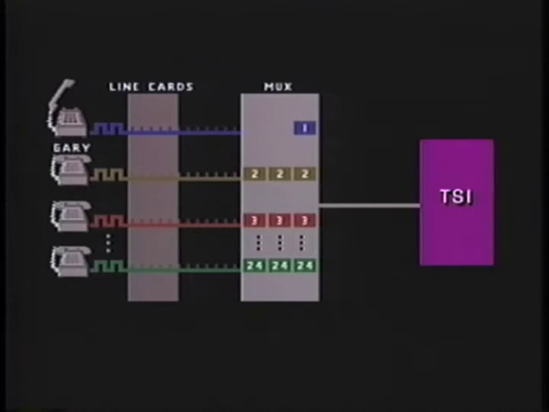The multiplexer combines or interleaves the signal blocks from its line cards into one bit stream. This bit stream is transmitted to the time slot interchange. This bit stream or multiplex channel is divided into frames. A frame contains one block from each of the line cards the multiplexer serves.